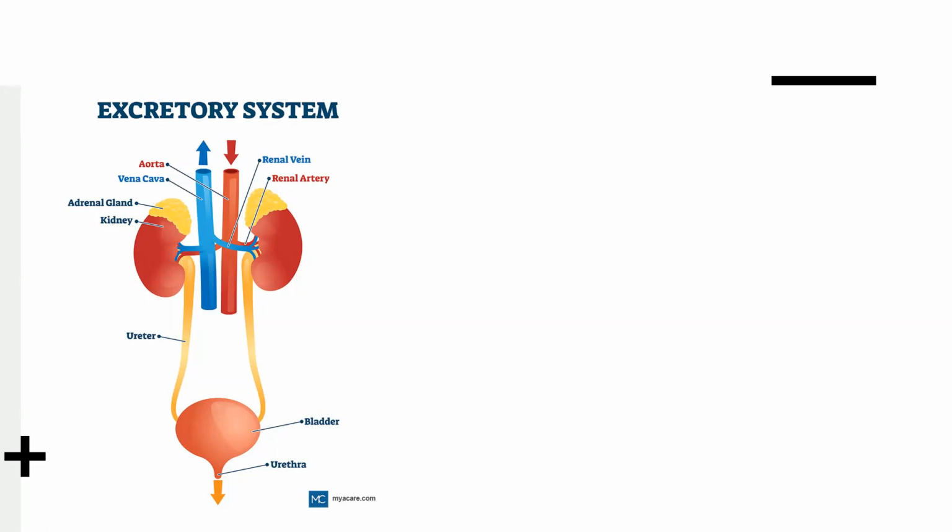But the reality is that this is a very narrow image of the excretory system. Although the name suggests excretion, and that makes you think of the intestines and basically the kidney and bladder system, it's not limited to these.